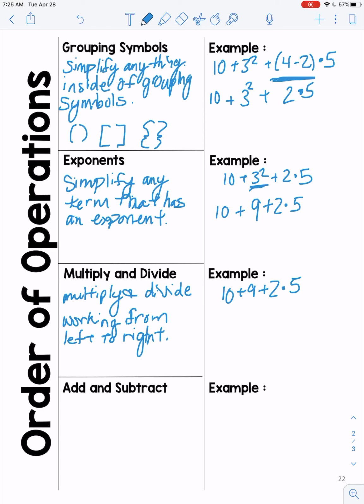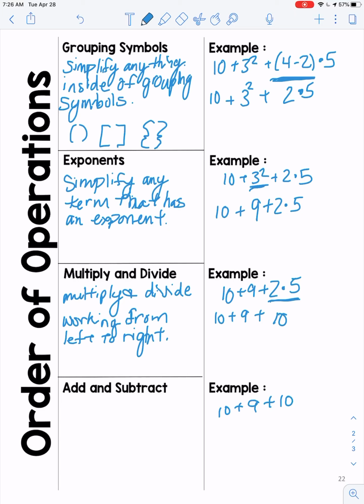In our example, we only have multiplication, so we really don't have to worry about it. Our only step would be to multiply 2 times 5, which is 10. Then we drop down the rest of our expression. Since we have no more multiplication or division, I'm going to drop down this expression into my next example.